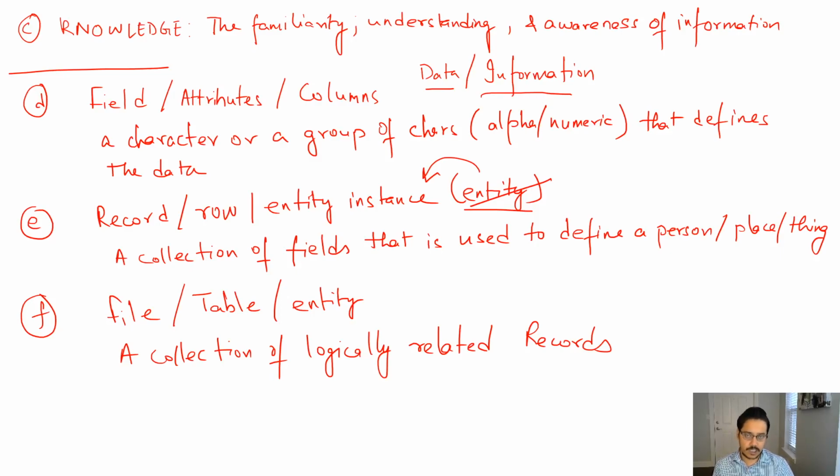That is, we will call data raw facts and figures, and information being processed data after we have added some context to it. And similarly, entity instance is a particular row within the entity or the table, okay? And they're not the same. All right. So other than that, we will come to some of the other terms as we move forward with today's lecture.